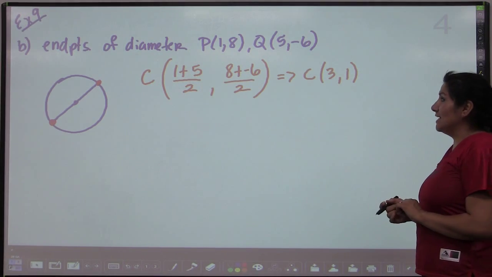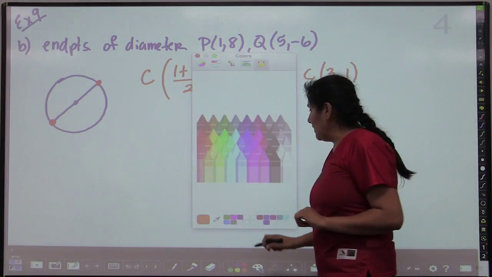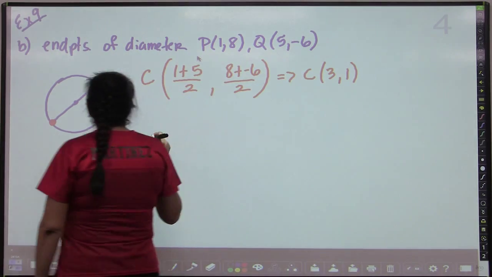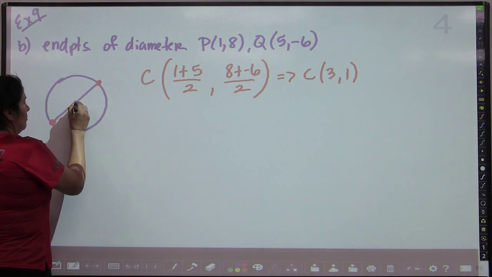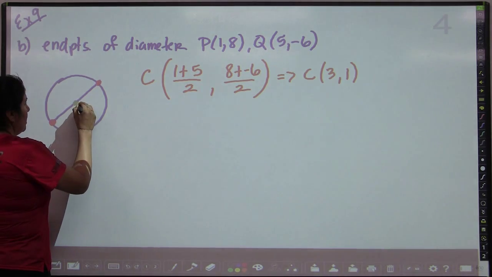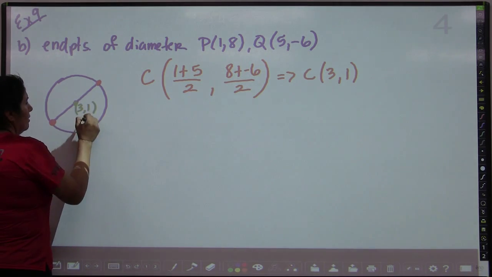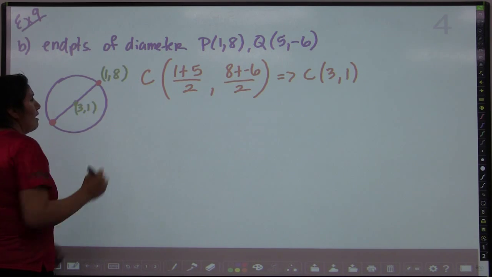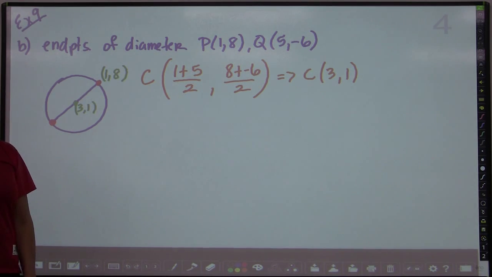Now I'm going to use the distance formula so that I can get the radius. So I know that this point right here now is (3, 1), right? And one of these points is (1, 8). It doesn't really matter which one. So there are 2 ways you could do this.